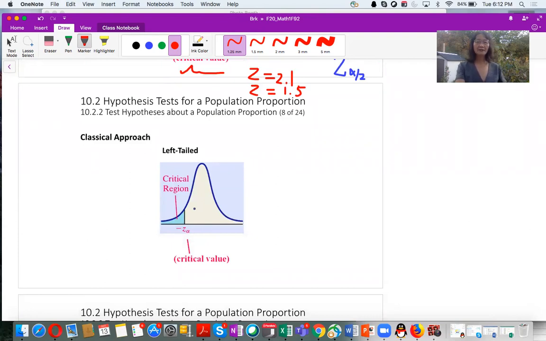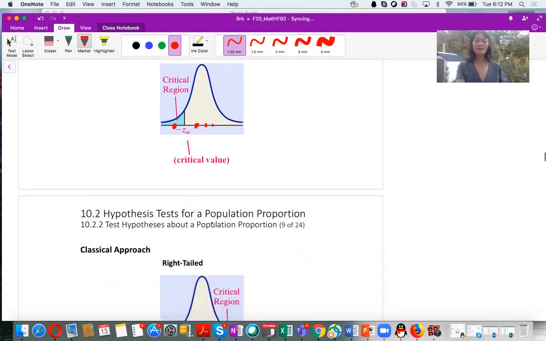And this is a left-tailed situation. When you have a left-tail situation, if the test statistic is here, you reject H0. When your test statistic is here, here, here, you do not reject H0. So this gives you the criteria. How do you know whether you reject H0 or fail to reject H0? Look at whether the test statistic is in the rejection region.